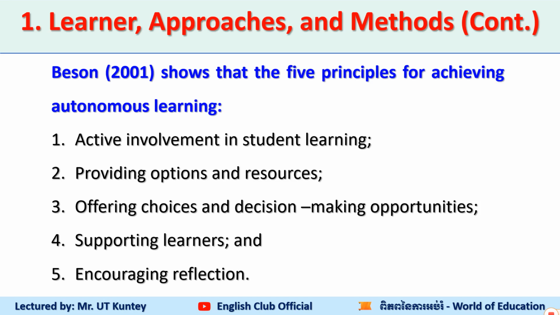And number five, being a teacher, you also have to encourage the student to adapt to his or her learning, even in school, in the classroom, or at home. Whenever you assign any activity to them, you have to correct them and pay attention to them all the time. So these are the five categories that link to the autonomous learner, as said by Benson 2001.